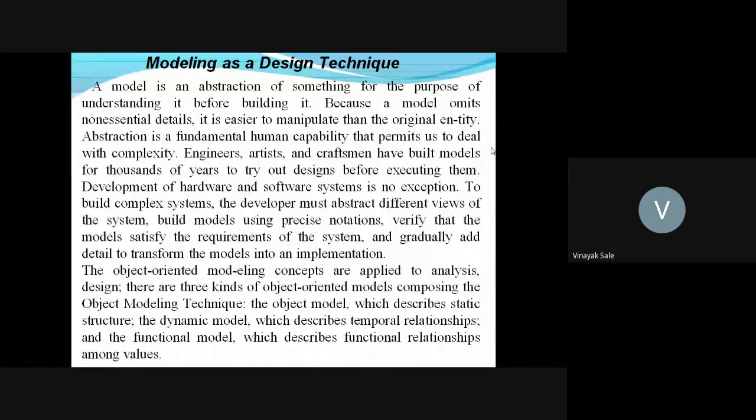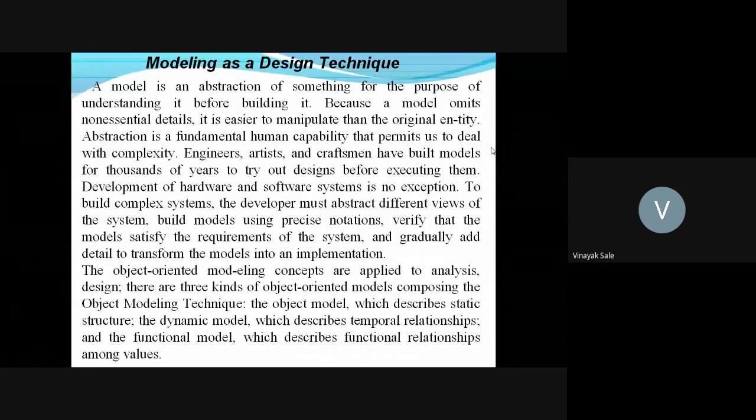Development of hardware and software systems is no exception. To build complex systems, the developer must abstract different views of the system, build models using precise notations, verify that the models satisfy the requirements of the system, and gradually add details to transform the models into implementation.